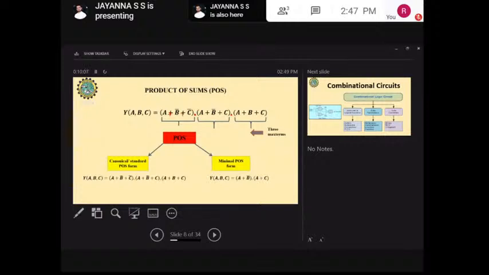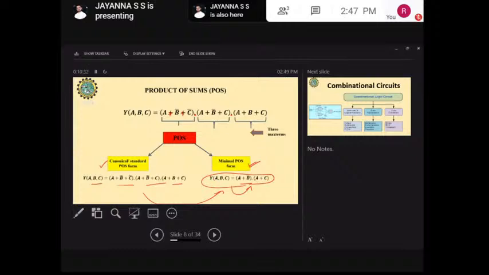Again, it can be classified as canonical and minimal POS form. As you can see, all the variables are present in the canonical POS form, whereas the minimal POS form does not contain all the variables, whether in complemented form or normal form. The minimal POS form is the simplified version of the canonical POS form.